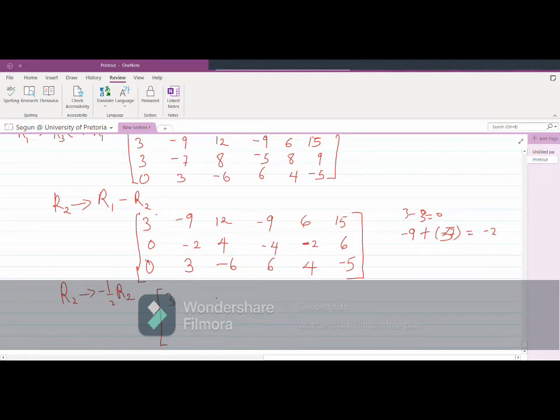So we have 3 minus 9, 12 minus 9, 6, 15. Here we have 0, 1. Then minus 2, minus 2, then 2, minus 2, 1, 2, minus 1, 3, minus 3.